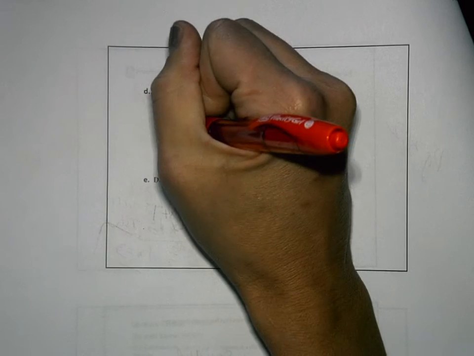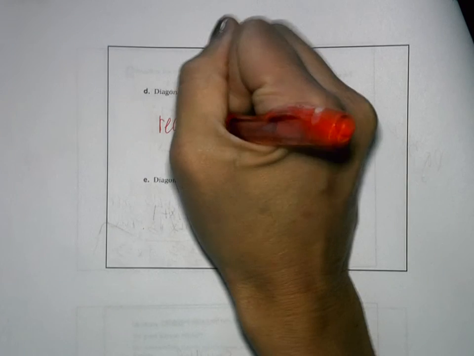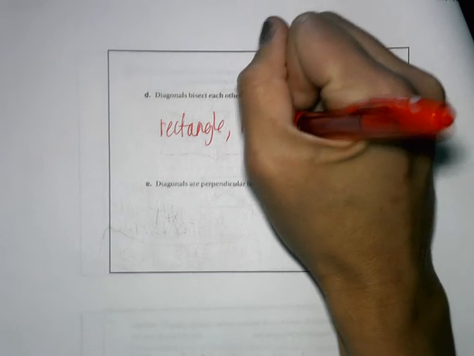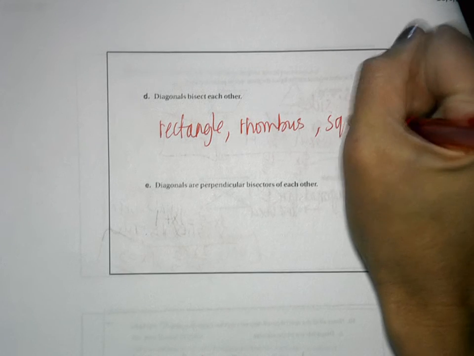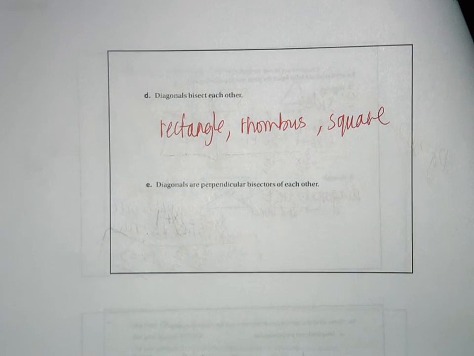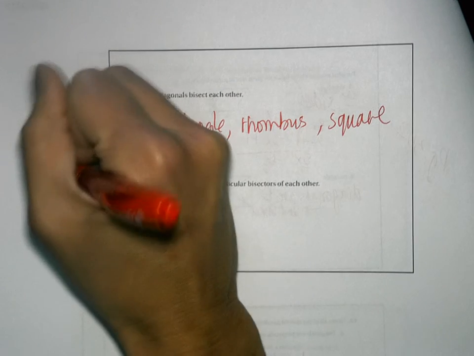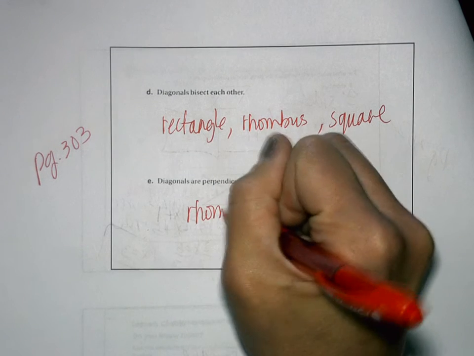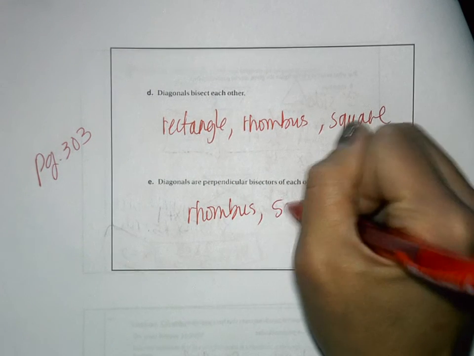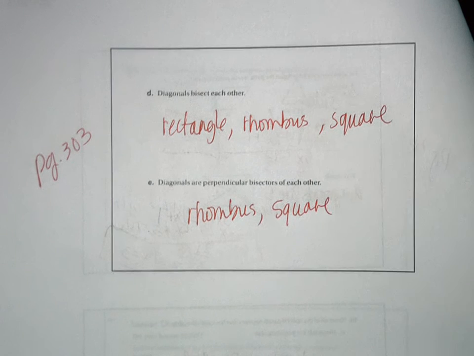It's all three. It's a rectangle, rhombus, and square. Last one. Diagonals are perpendicular. Very good. Rhombus, square. Okay. Do we have any questions?